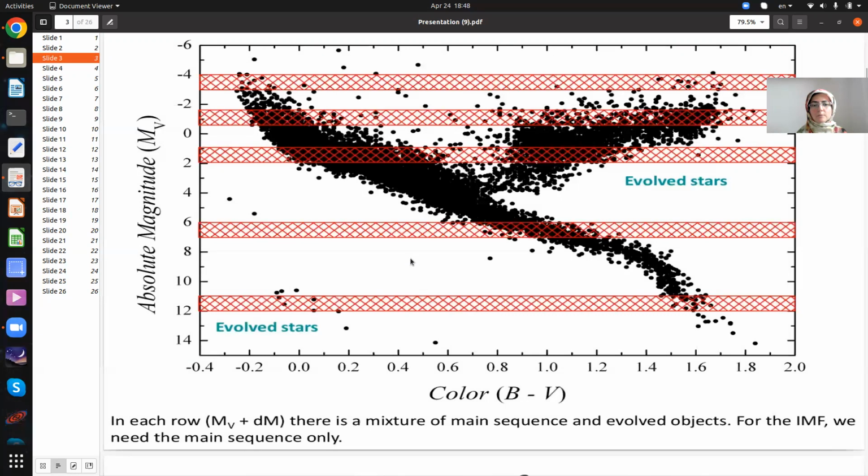Here is a color absolute magnitude diagram. These are evolved stars, and these are main sequence stars. For example, when we want to know the initial mass function of this star, we should know which region it was from.